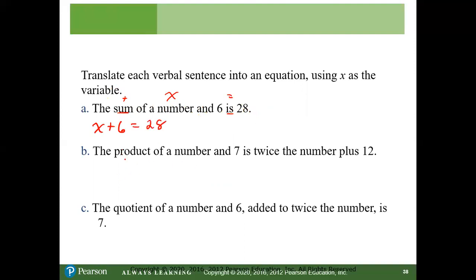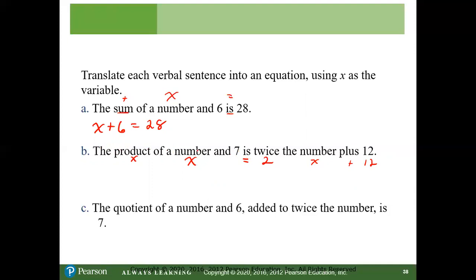Boom, done. So the product is multiplication of a number, which is x, and 7, is twice, so that's 2, the number, again x, plus 12. And this is going to be our equal to, is twice. So let's see if we can figure out what this is going to be.